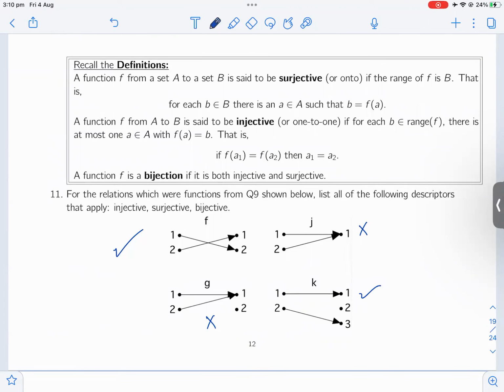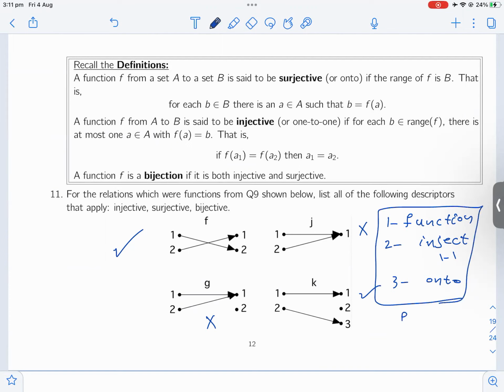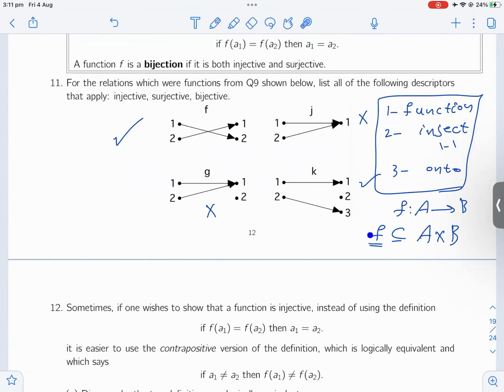Now, if I have a function, 2, injectivity or one-to-one, 3, onto or surjectivity, then we say that f is from A to B. It means f is a relation such that it is a subset of A times B. So this means my f is a bijection, or bijectivity, from A to B. Or I can say that A is equivalent with B.